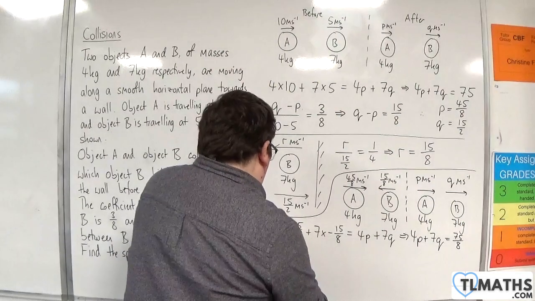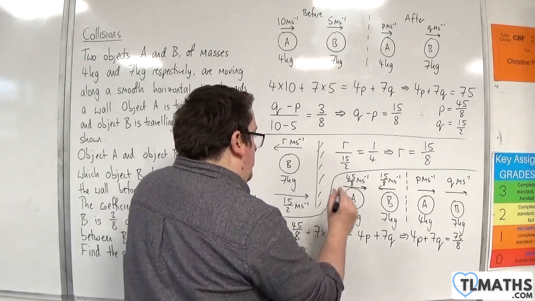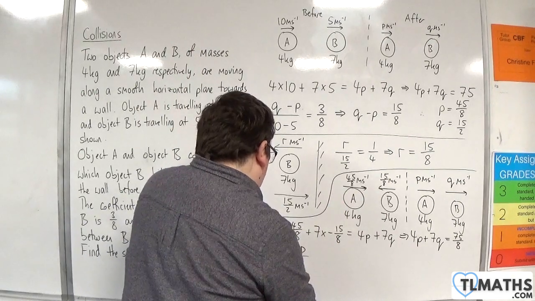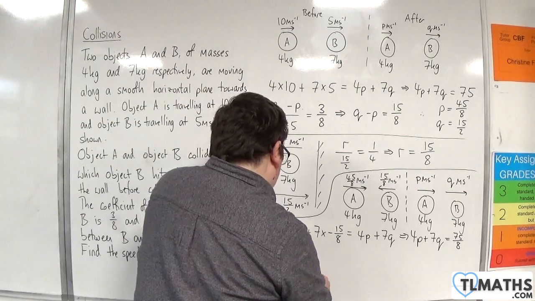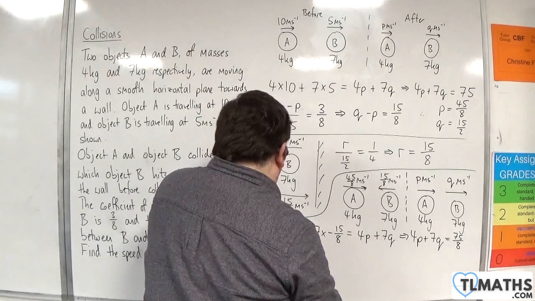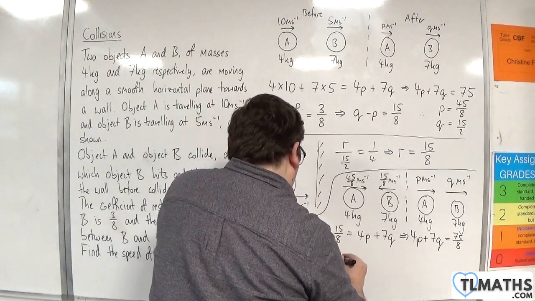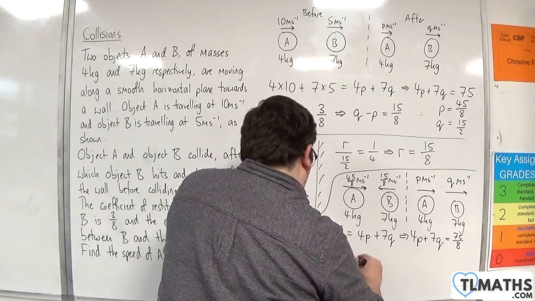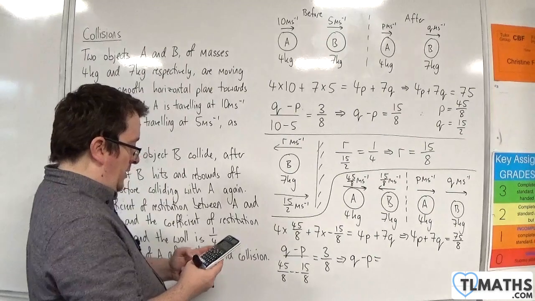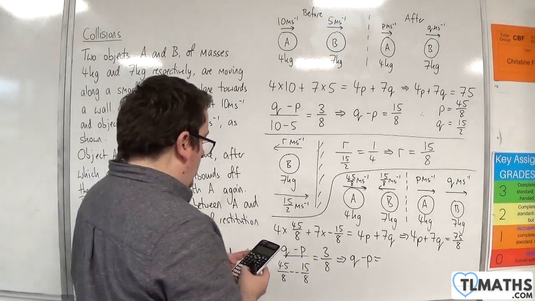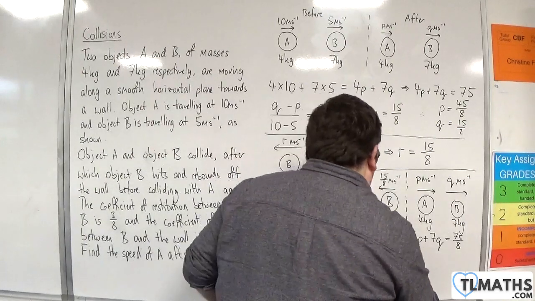So the speed of separation, which is Q take away P, divided by the speed of approach, which is 45 over 8, take away minus 15 over 8, is going to be equal to 3/8. So 45 over 8 plus 15 over 8, and then times that by 3/8 is 45 over 16.